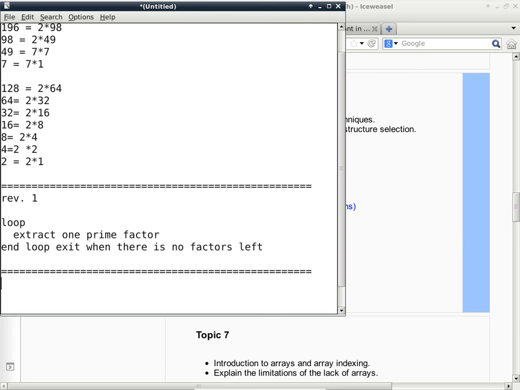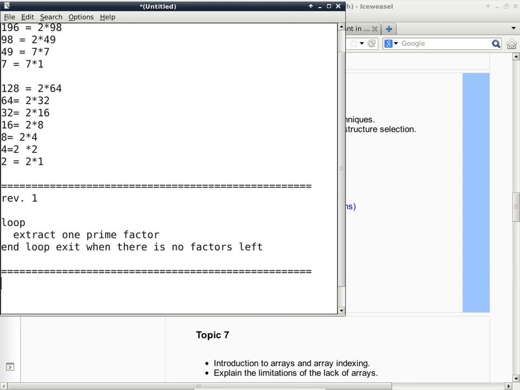But to us, it is important because it identifies several things that will be very important later on. 1, it is a loop. 2, the loop is supposed to end at some point. And 3, it is supposed to stop when there are no more factors in the number that we are factoring. Those are all very important things. We just have to figure out how to restate all of those things in a way that is specific.